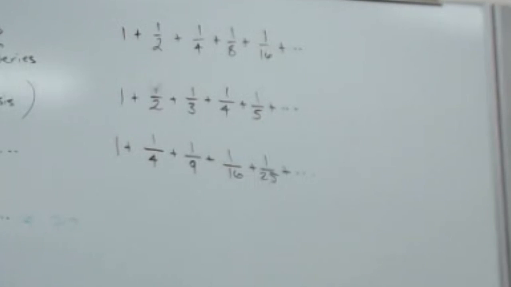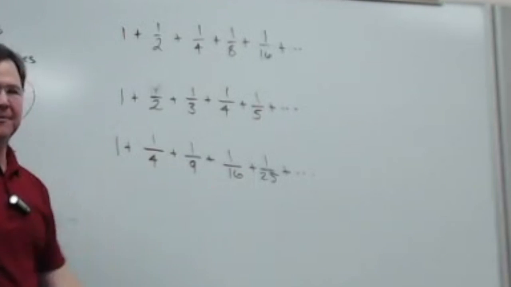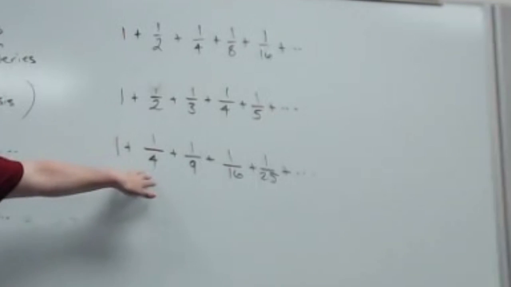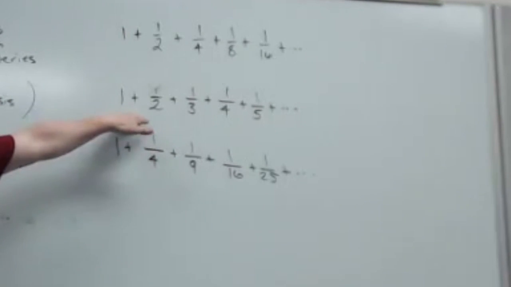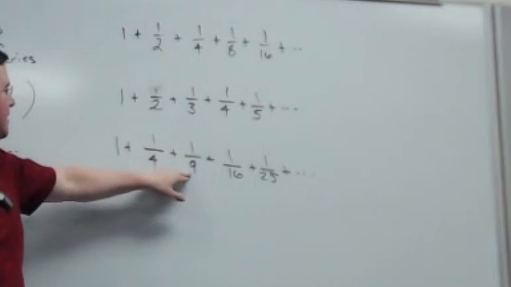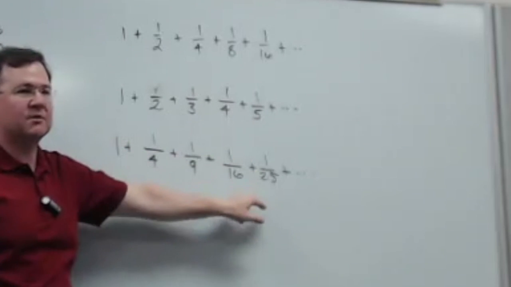I had that wrong. I see what you're thinking: what do I do to this number to get to that number? I'm thinking something even simpler. Think of this series as coming from this series. Squared. Yeah, 2 squared is 4, 3 squared is 9, 4 squared is 16, 5 squared is 25.